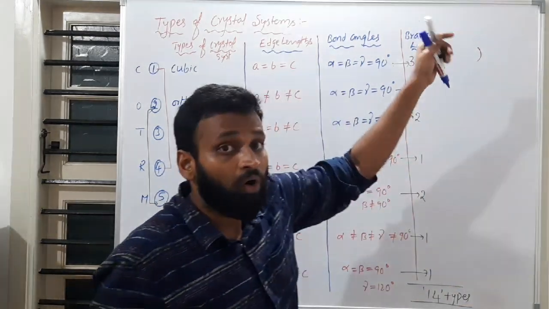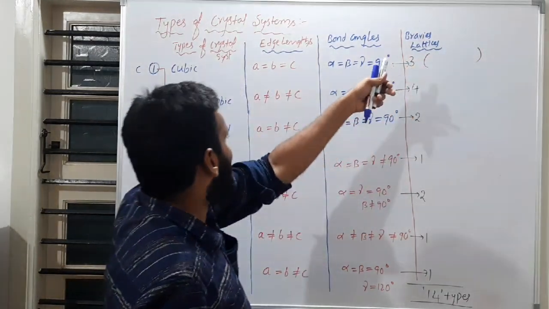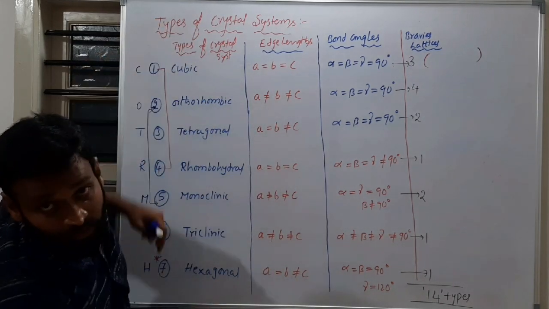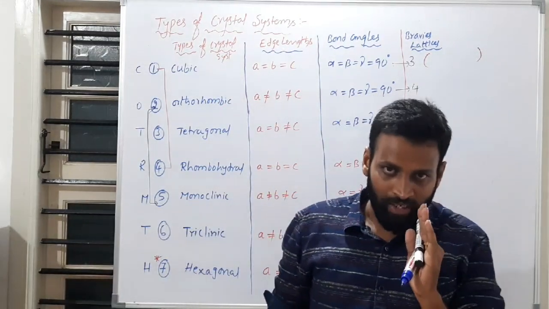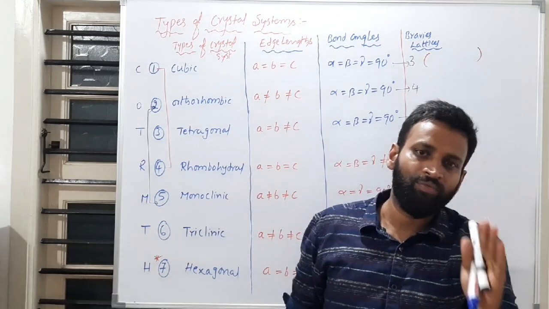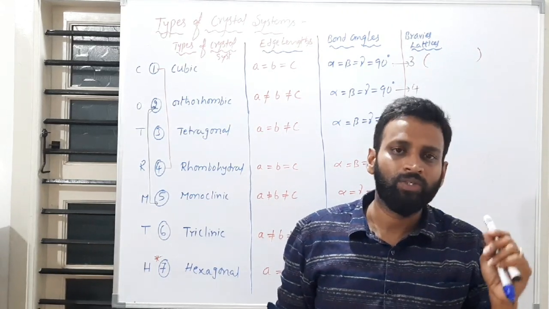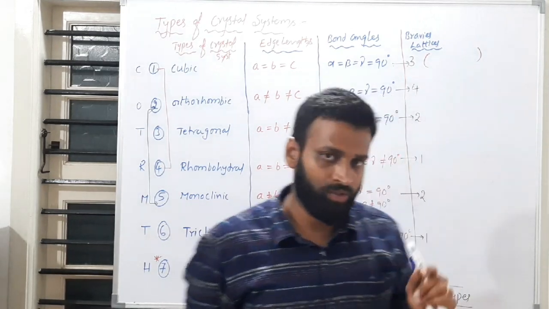Those are the 4 kinds of positions, so you will have 14 types in these 7 types of crystal systems. So no confusion. The 7 types of crystal systems are again classified into 14 types, based on the positions of atoms or ions.